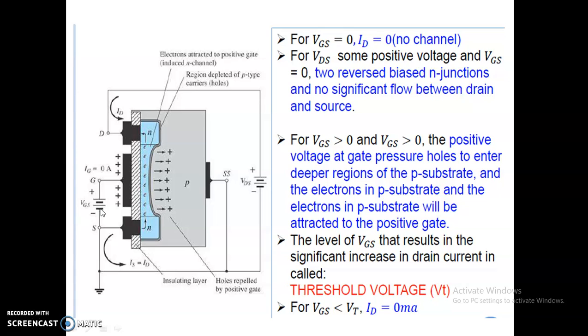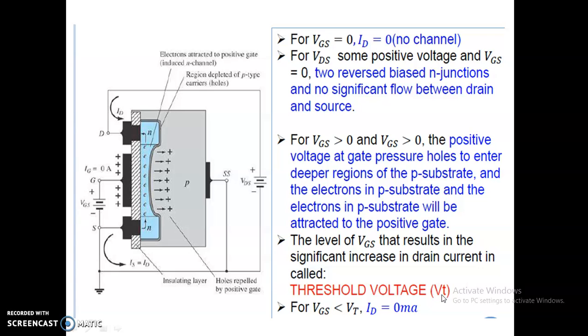The drain current starts flowing through this induced channel. The value of VGS at which this conduction begins is known as the threshold voltage, denoted by VT. For N-channel E MOSFET, the threshold voltage is denoted by VTN, and for P-channel it is VTP.